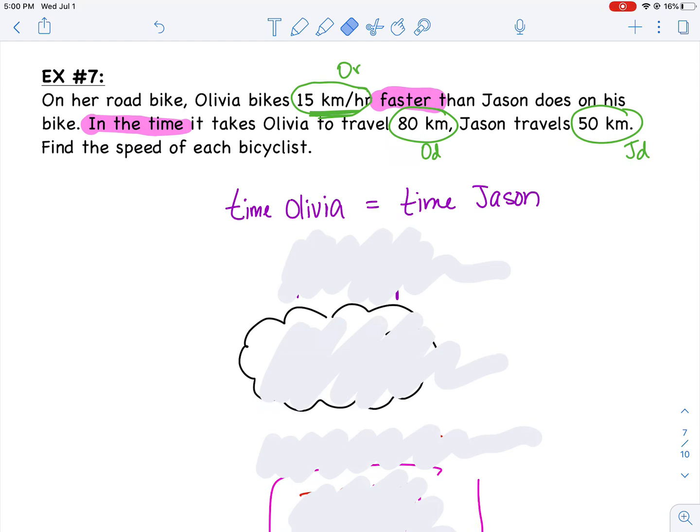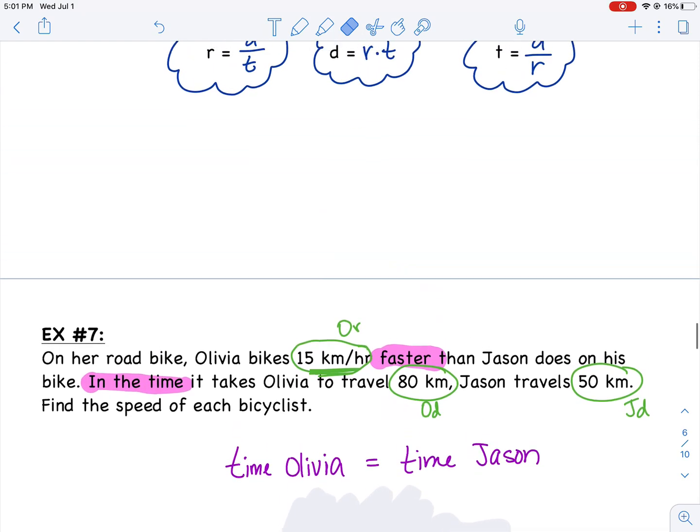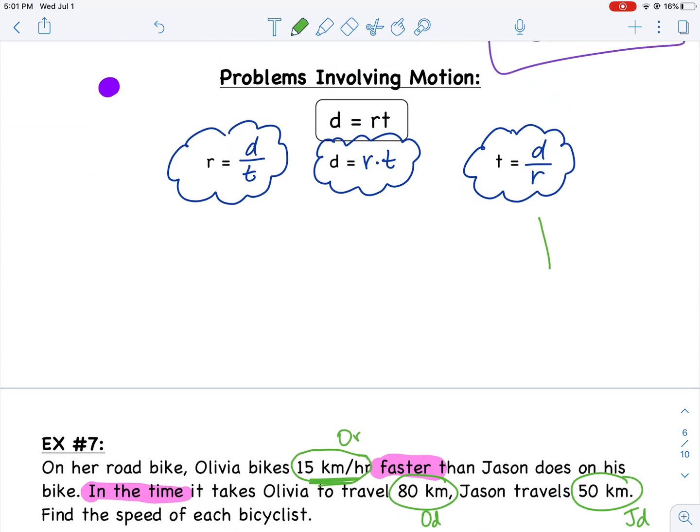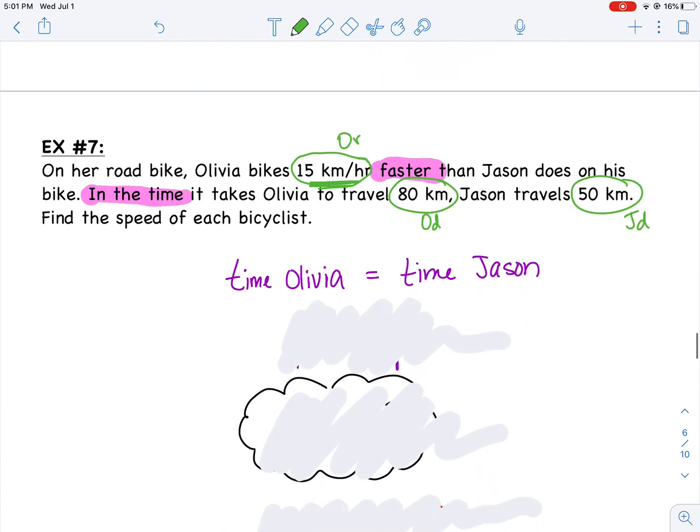All right, do we know the time that Olivia went? Nope, we just know her distance and part of the speed she went. And we don't know the time that Jason went either. So what do we know about time? Don't we know back up here that time is distance divided by rate? So let's use that idea.